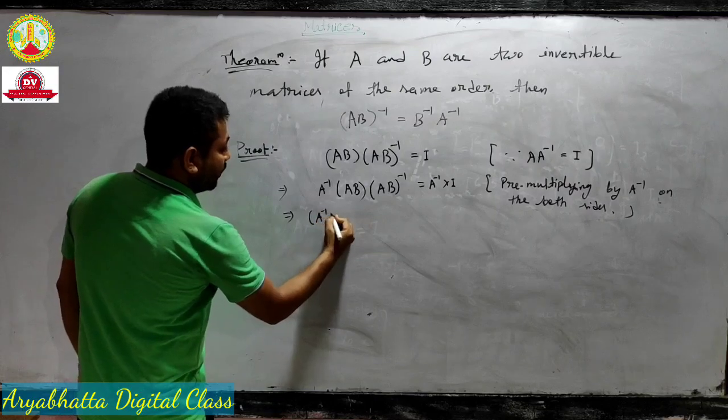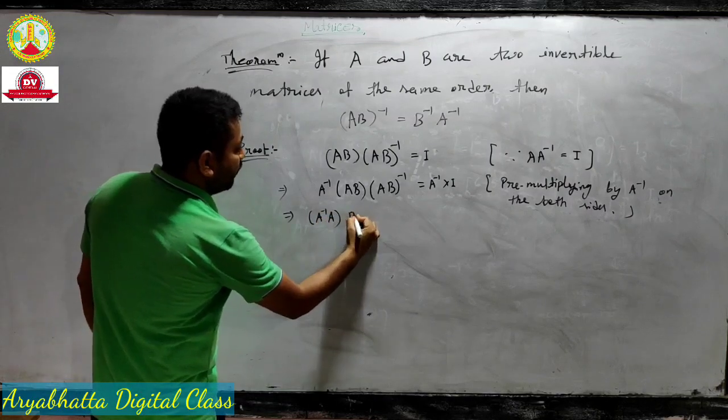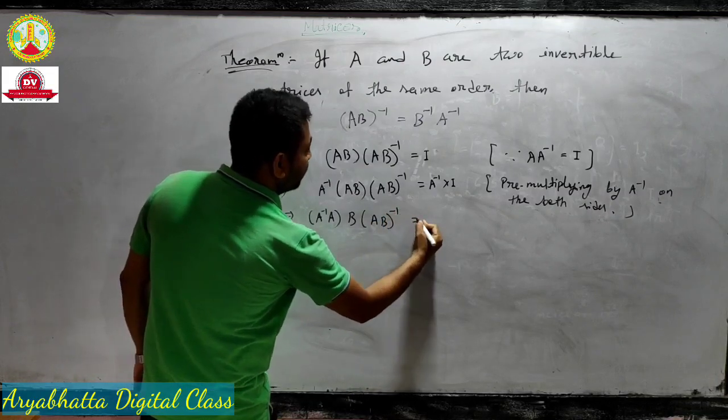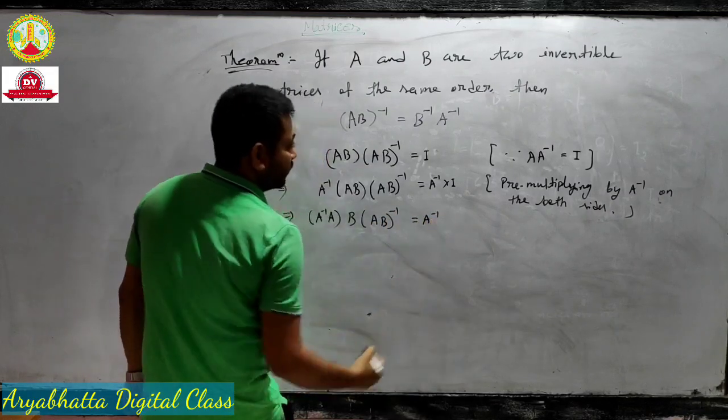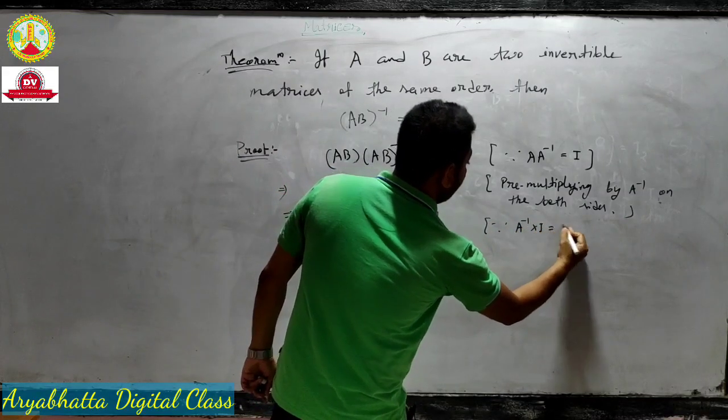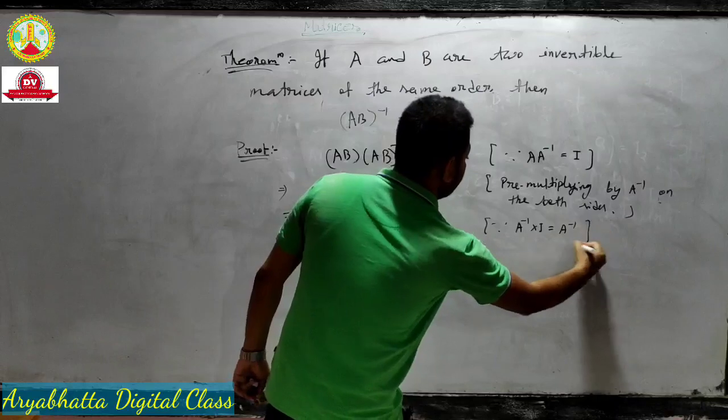A to the power minus 1 into A, B into (AB) whole to the power minus 1 equal to A to the power minus 1, since A to the power minus 1 into I equal to A to the power minus 1.